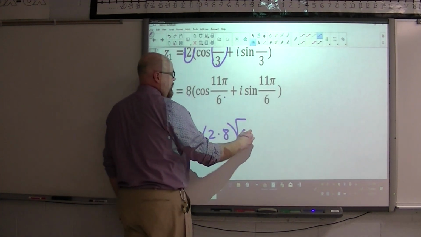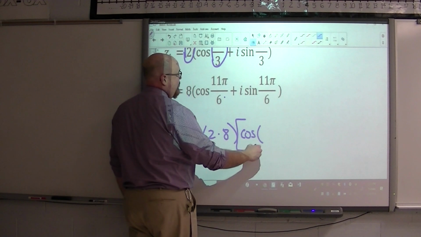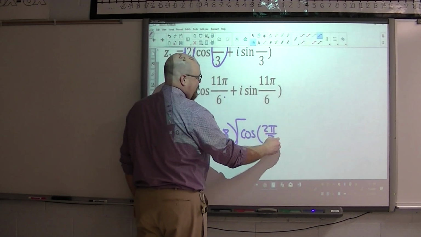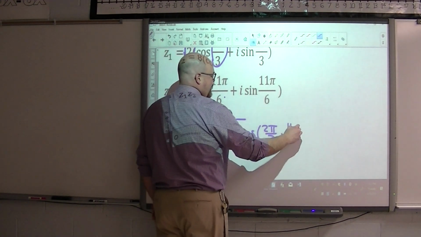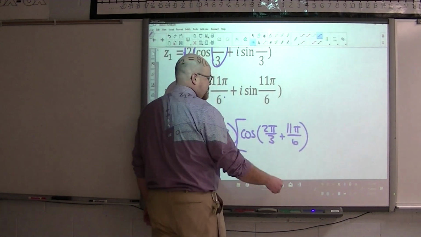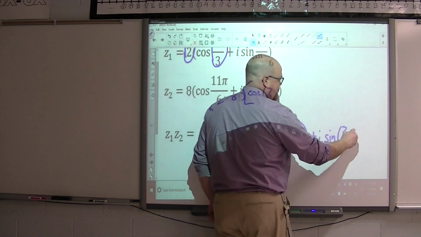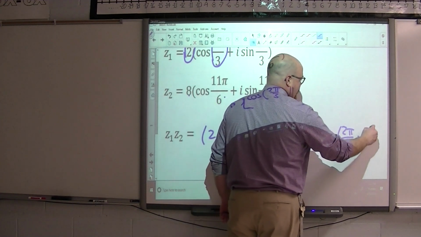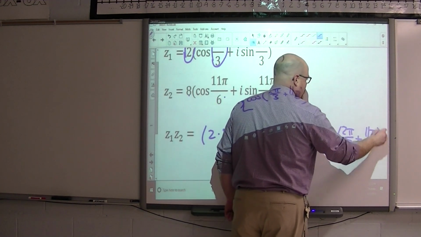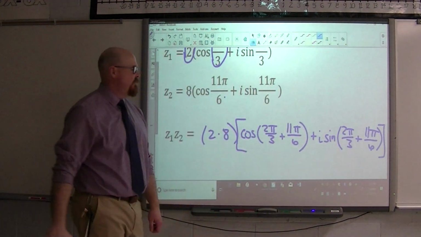And then over here, I take the arguments and I add them. So that was 2 pi over 3 plus 11 pi over 6. And then I've got the sine values here. Same theta values, same arguments in both of those. Okay?